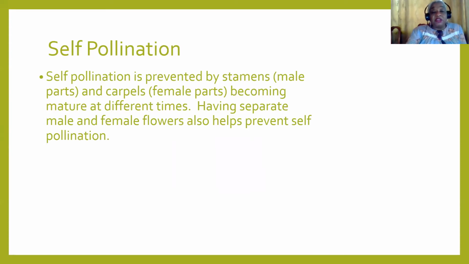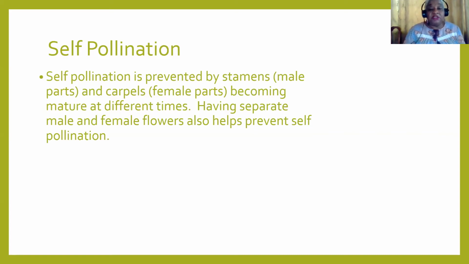Now, self-pollination can be prevented. And it needs to be prevented because you want variety. Variation, genetic variation, is better for the survival of a species. If conditions change, then you'll have some offspring that are slightly different from the parents, and they may have a better chance of survival.